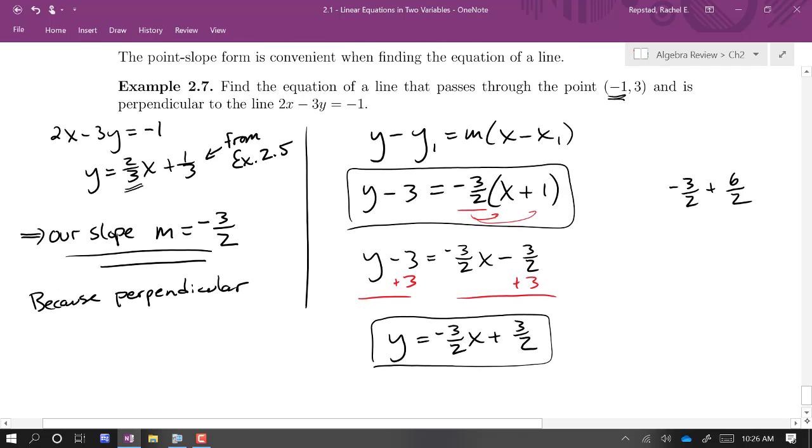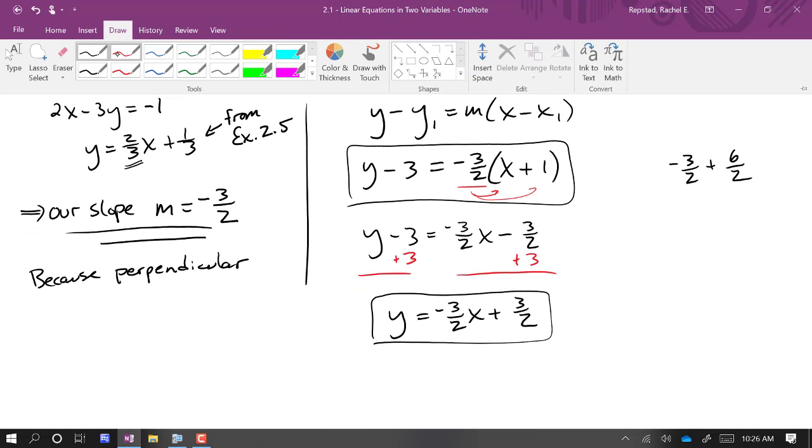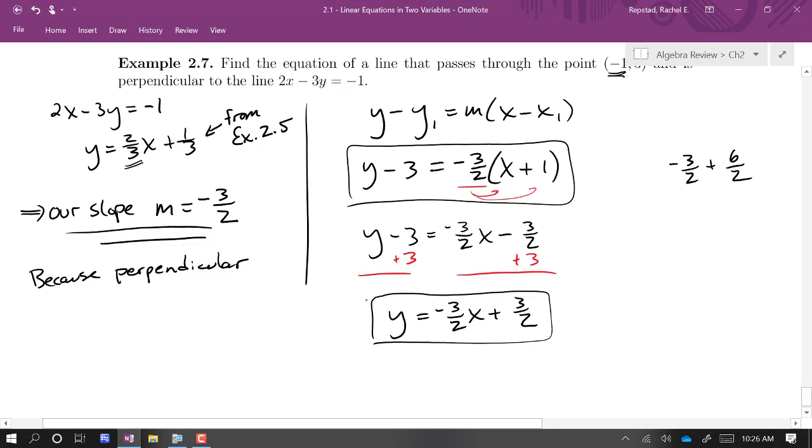Either is fine. In the back of the book, you know, they try to save space, so a lot of the time they'll just give the equation of a line in standard form, because usually if we write it in standard form, we try to avoid fractions. So if you multiply both sides by 2, you get 2y equals negative 3x plus 3, because on the right side, when you distribute that 2, it'll just cancel those denominators.